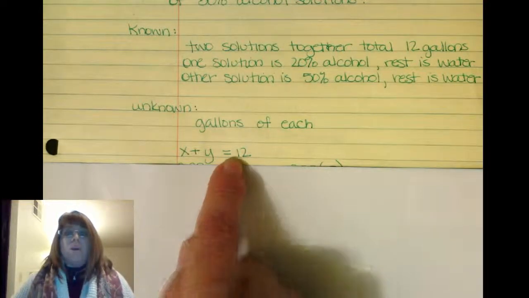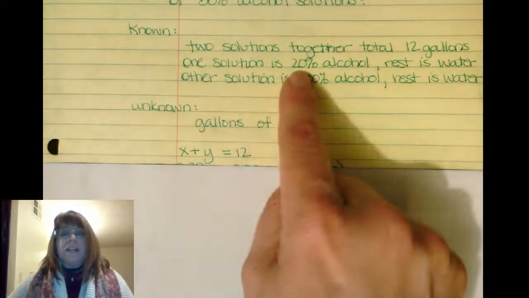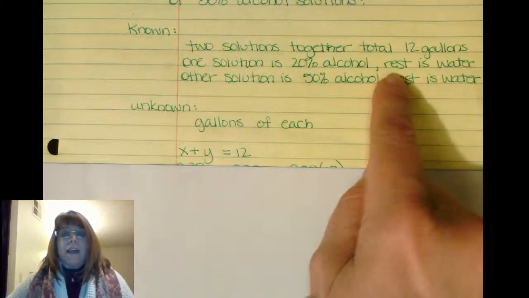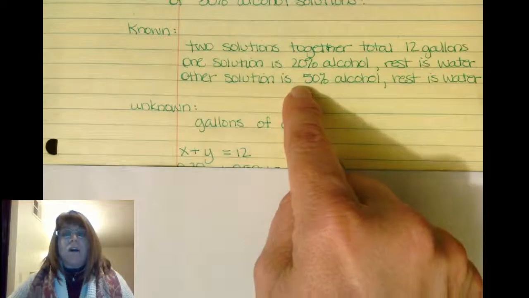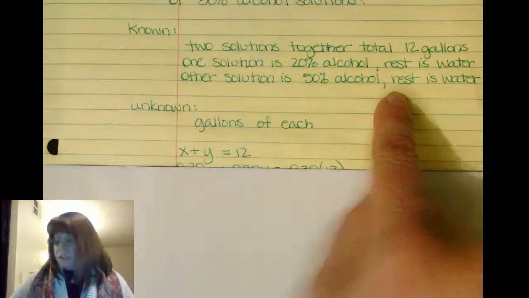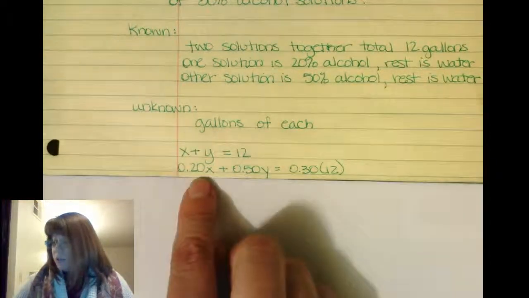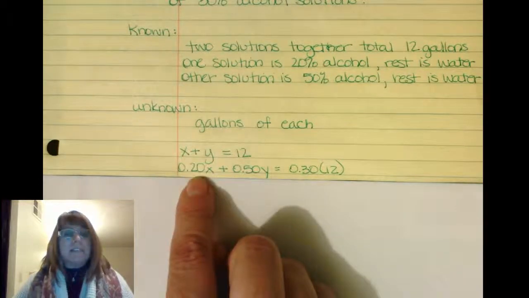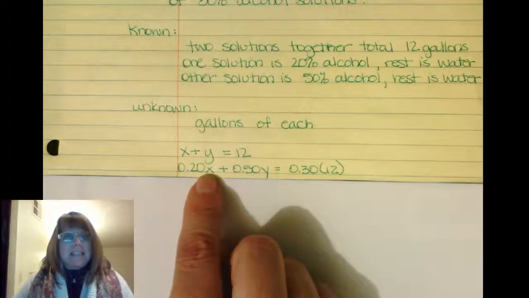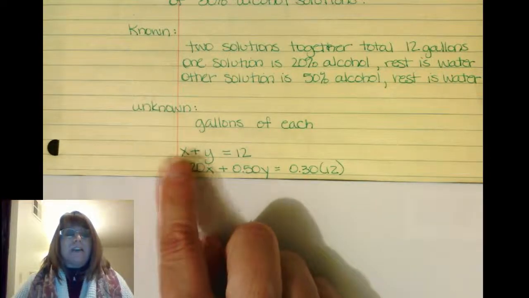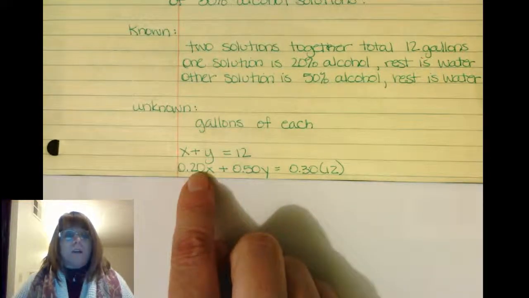I do know that one solution is 20% alcohol and the rest is water, and the other solution is 50% alcohol and the rest is water. So here's what I'm going to do. 20% of the first gallons, the X unknown gallons, is the alcohol. The other 80% I don't care about. That's just water.